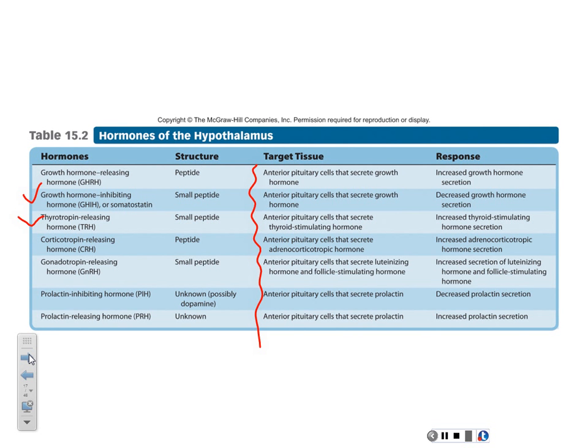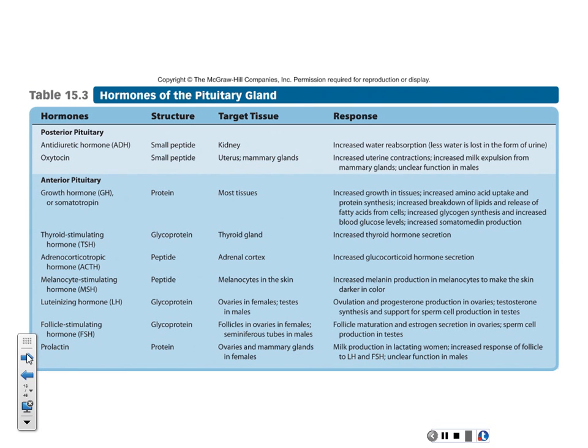Okay, the posterior pituitary produces a few hormones, and antidiuretic hormone acts on the kidneys to retain more water, so that you lose less water in the urine. When your blood pressure goes down, or when you're thirsty and you don't drink water, you might release antidiuretic hormone so that you retain more fluids and your blood volume goes up, your blood pressure goes up.